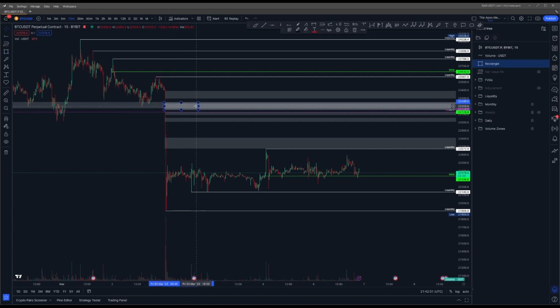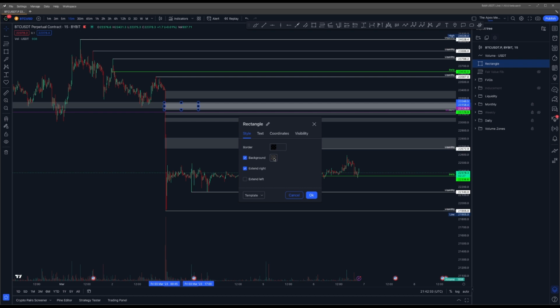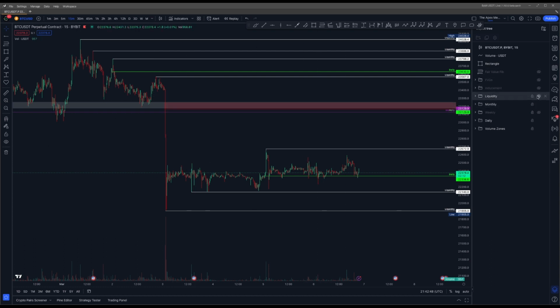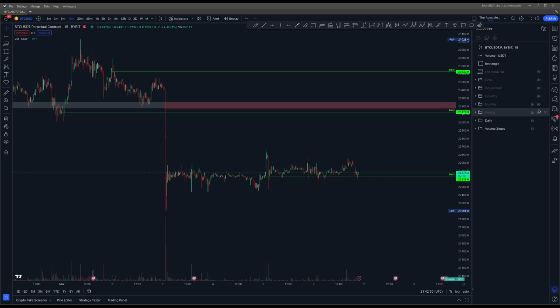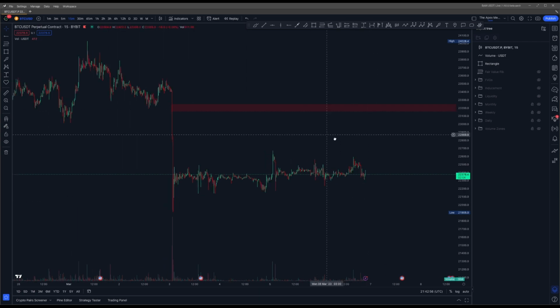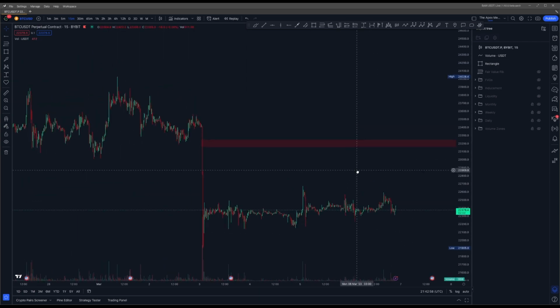And I'm going to colour this red because price is currently below it, which means I would be really favouring a move to the downside if we come to this area, just because we've got so much confluence in this area, so many things coming together that have provided us with a pretty strong case for a retest, and therefore something I would be keen on.